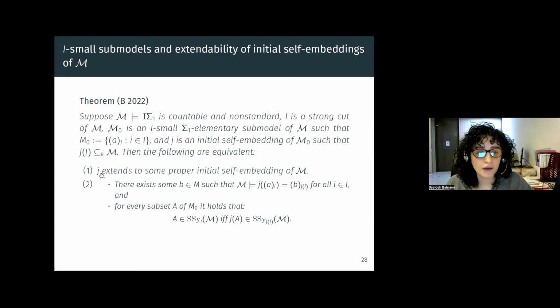The sufficient and necessary condition for extending J to some proper initial self-embedding of M is that we have some B in M such that this property holds for J, and moreover, J fixes any element of the standard system of M. If these two properties hold, by a back and forth argument, we can build J into a proper initial self-embedding of M.